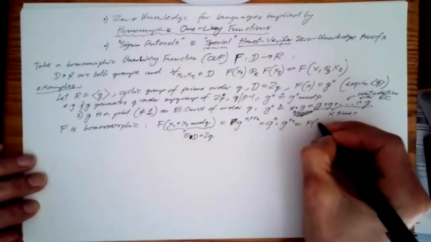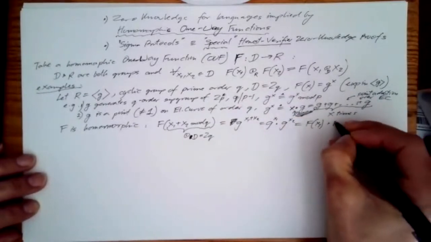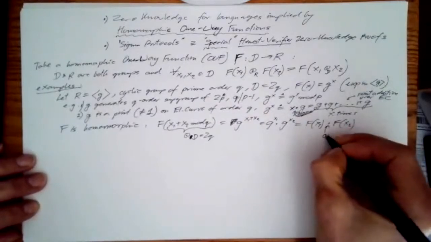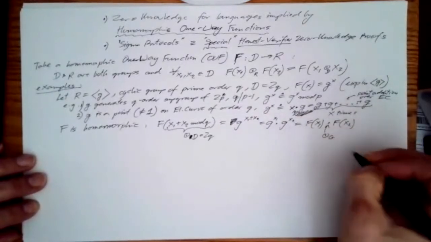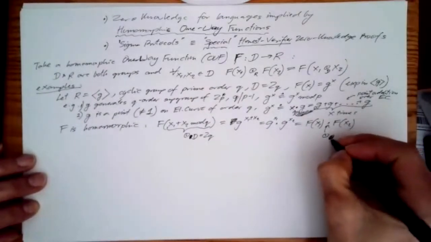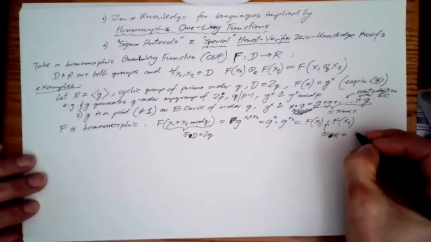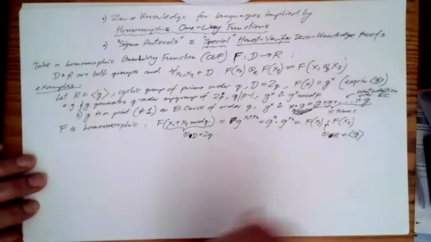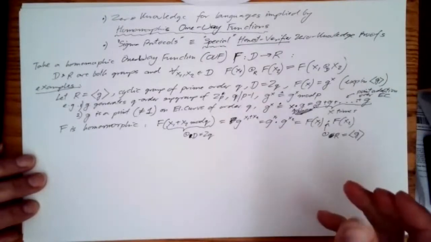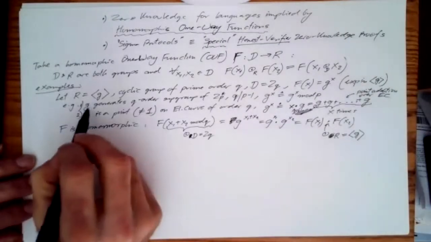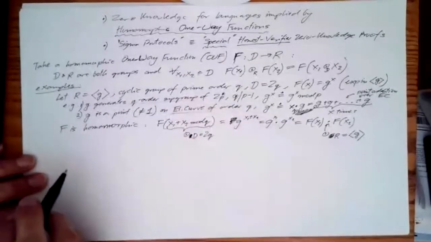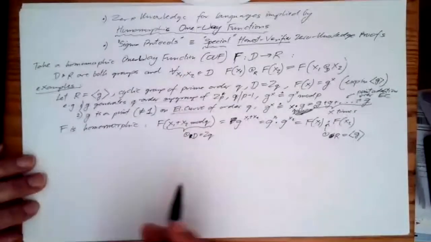So this is f of x1 times f of x2. And this is the group operation in the range, which is a group generated by G. So this is a group multiplication in the target group, either this Q-order subgroup or an elliptic curve, and it works.